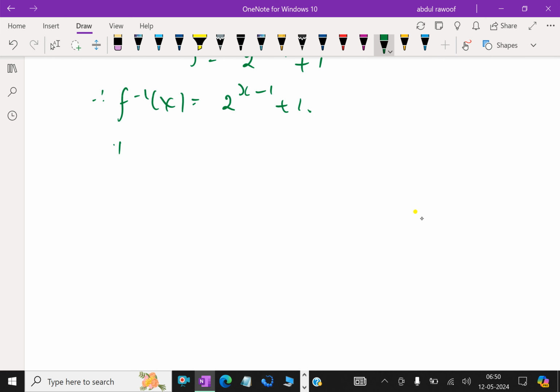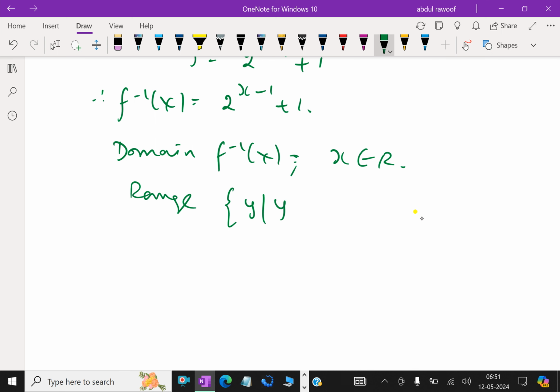Then domain of f inverse x is x is an element of R. This is the domain. The range is y such that y is greater than 1.